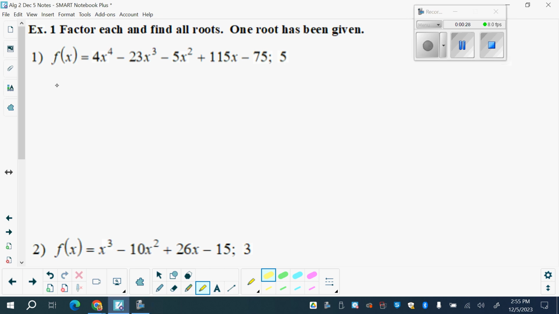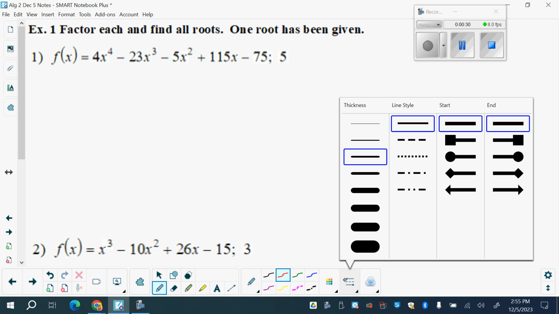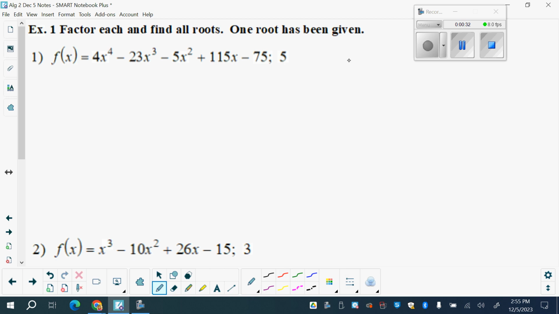So this 5 represents x minus 5 or x plus 5? X minus 5. So we're trying to divide by x minus 5. So would somebody do the synthetic division for me?